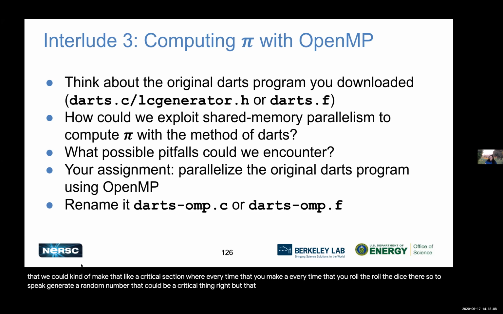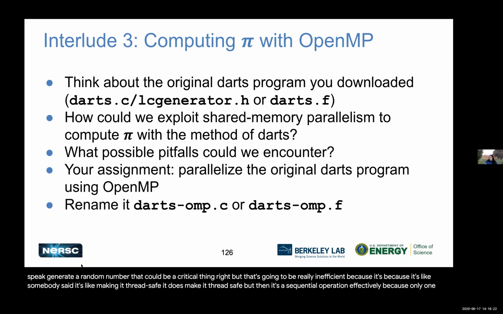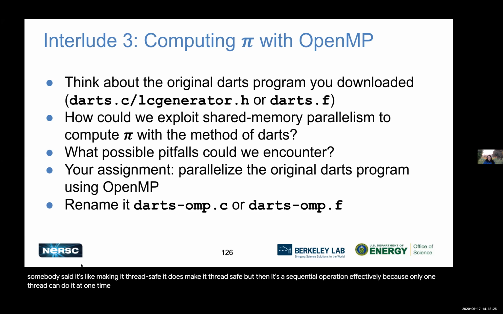But that's going to be really inefficient. It does make it thread safe, but then it's effectively a sequential operation, because only one thread can do it at one time.